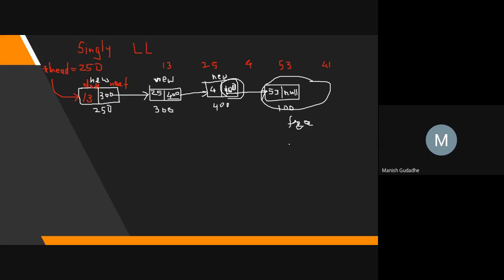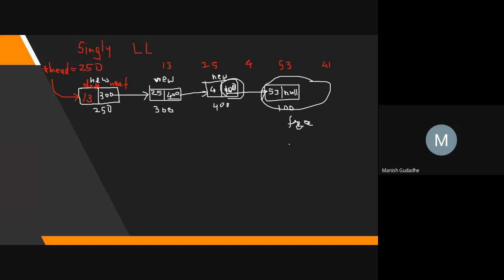So this way your linked list gets constructed. The insertion of elements in the linked list or deletion of elements from the linked list are nothing but playing with pointers, playing with the next field of your node.